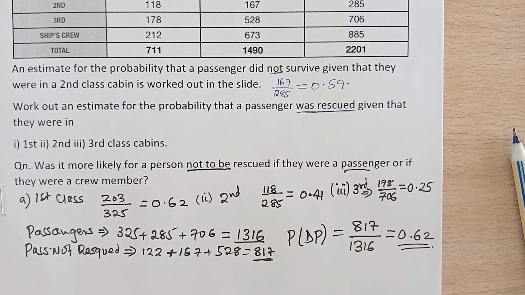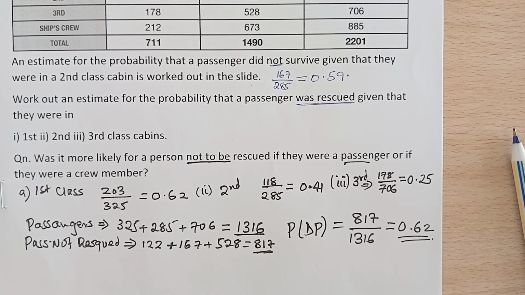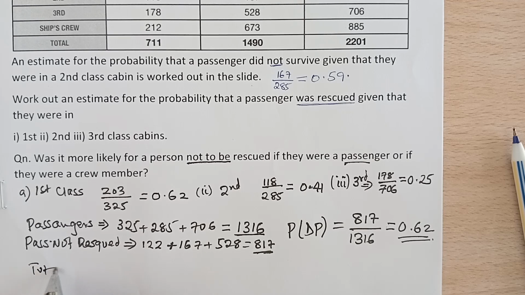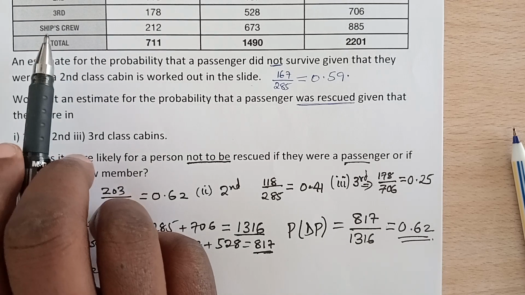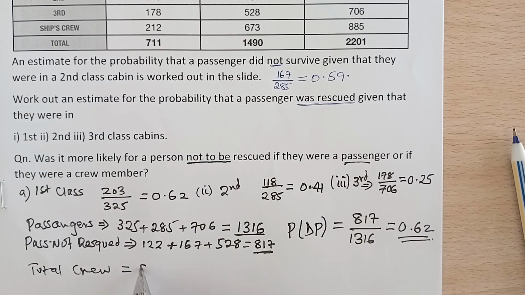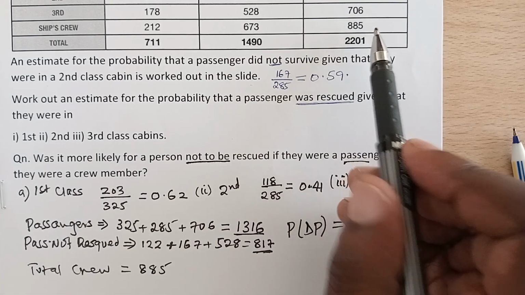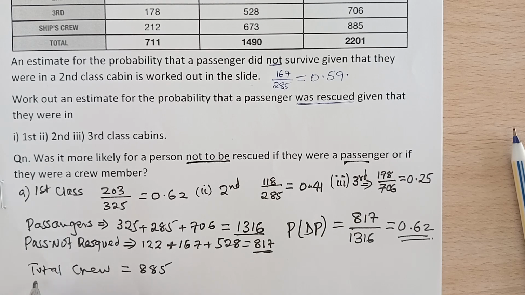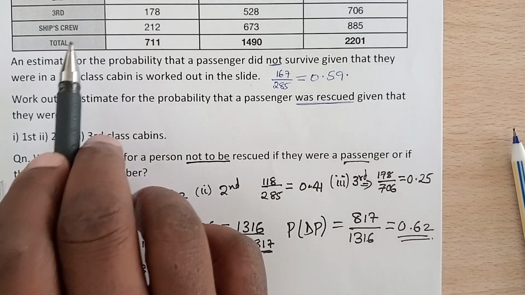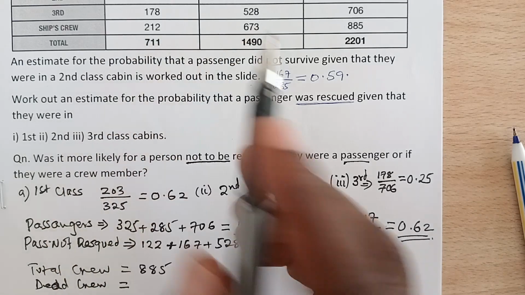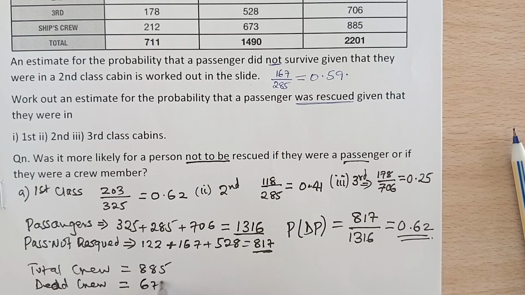Now we are comparing this with the crew not being rescued. So we need to talk about the total crew. The total number of ship crew is 885. You can see along this line, these are crew. And the number of crew who died is 673.